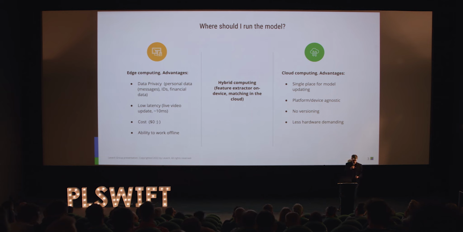It doesn't cost you anything to run the model on the mobile device, and you do not need to scale servers with GPU, which is not cheap. And all startups love it because they work in a limited environment, with a limited budget. And the ability to work offline.